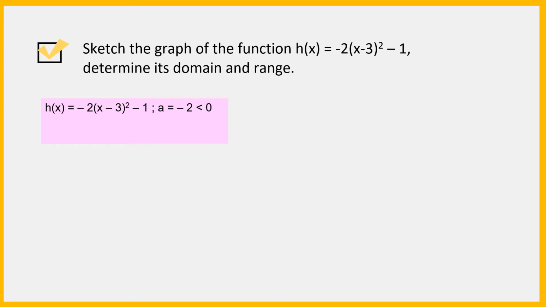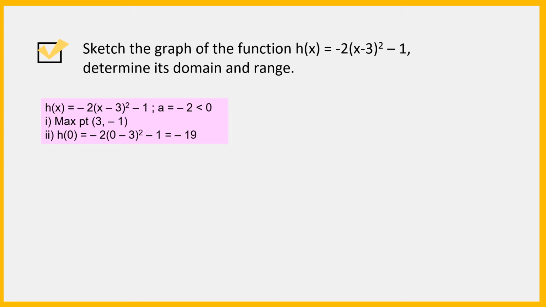Hence, the function h of x has a maximum point, which is (3, -1). This can be read from the function itself, as the function is in completing the square form. And the curve cuts the y-axis at the point (0, -19).